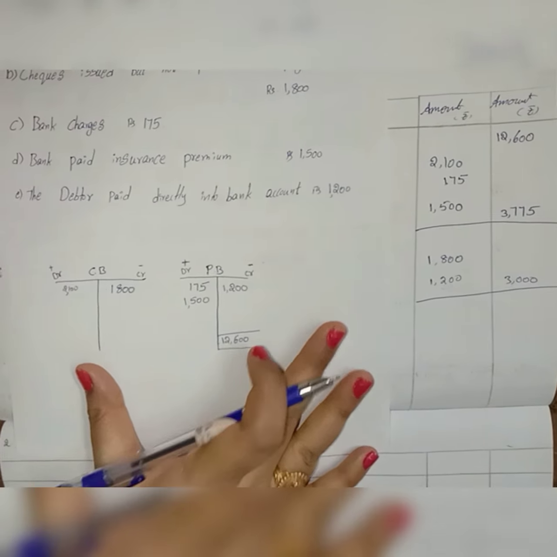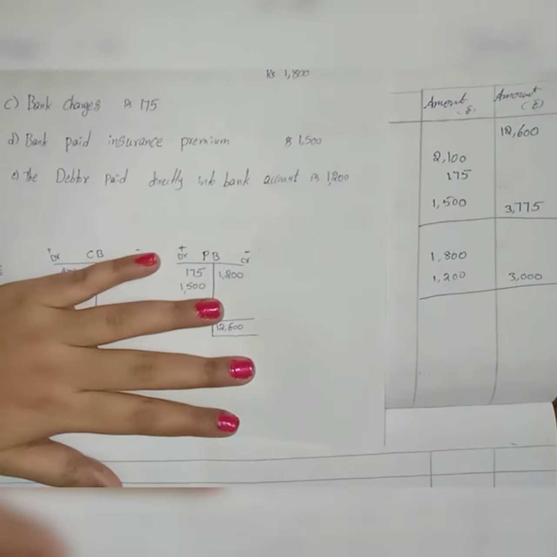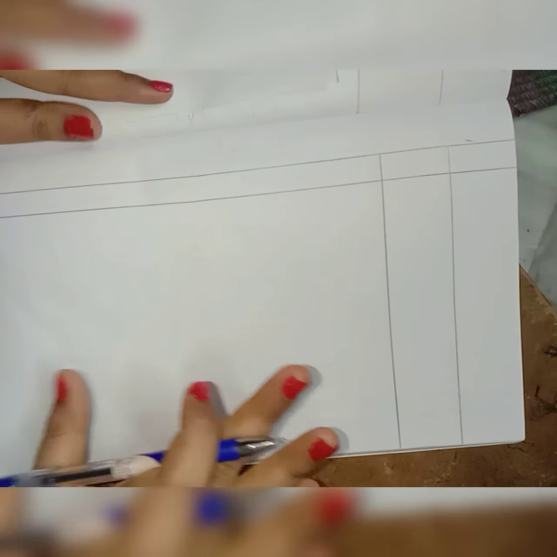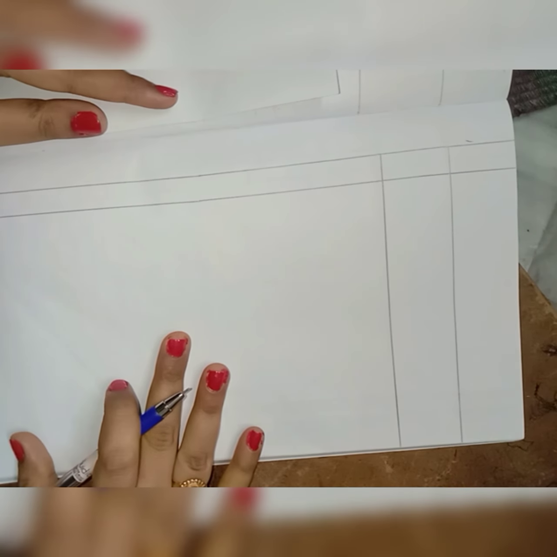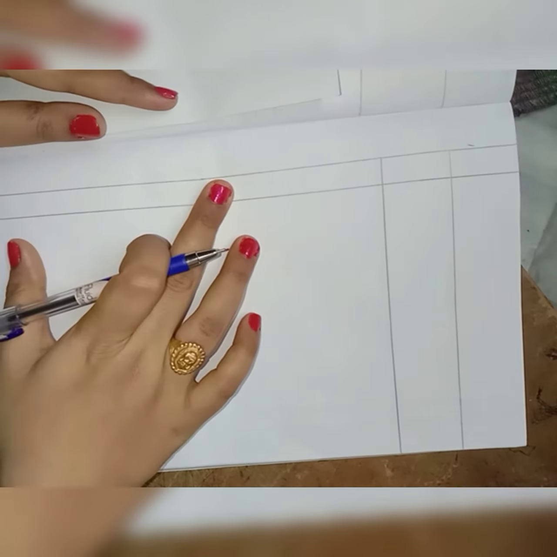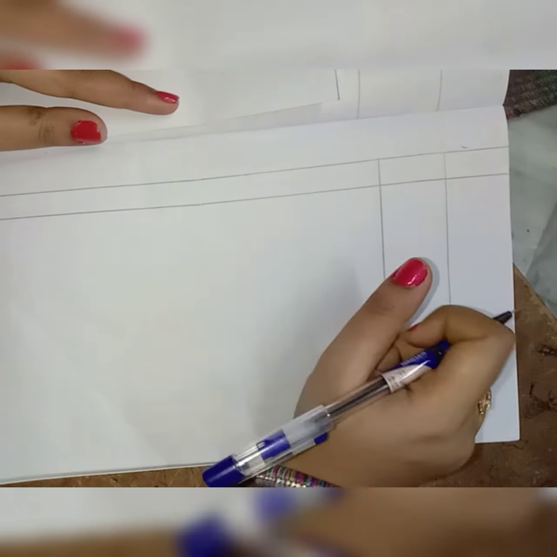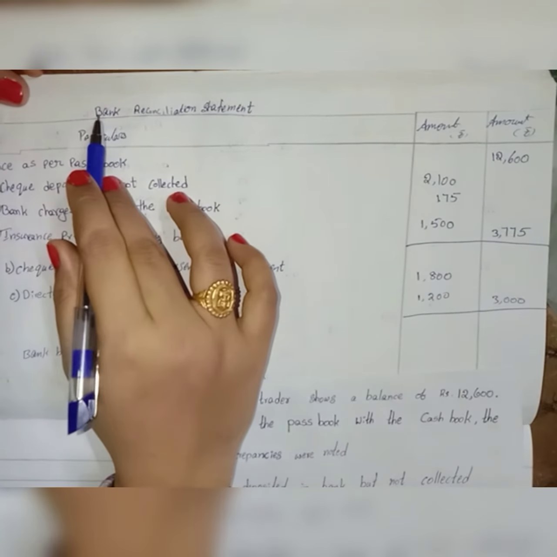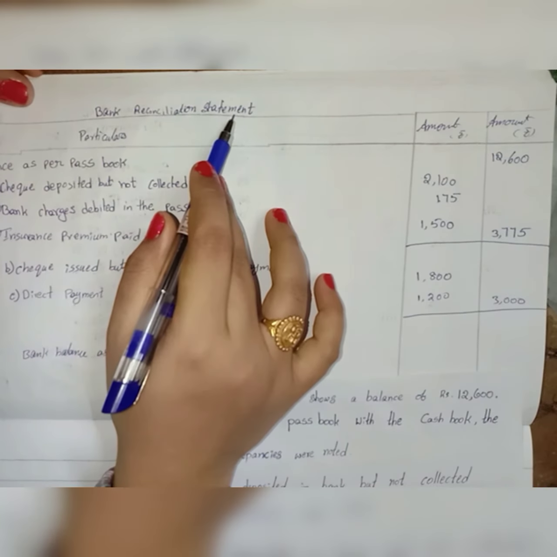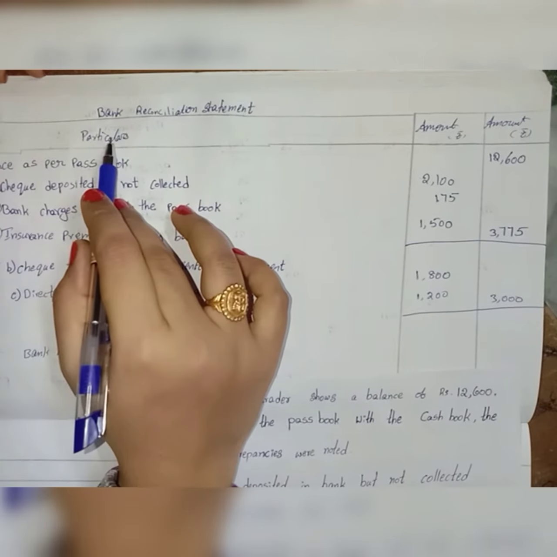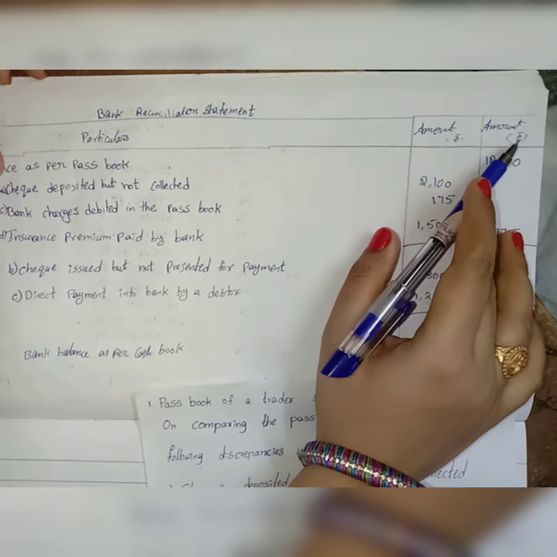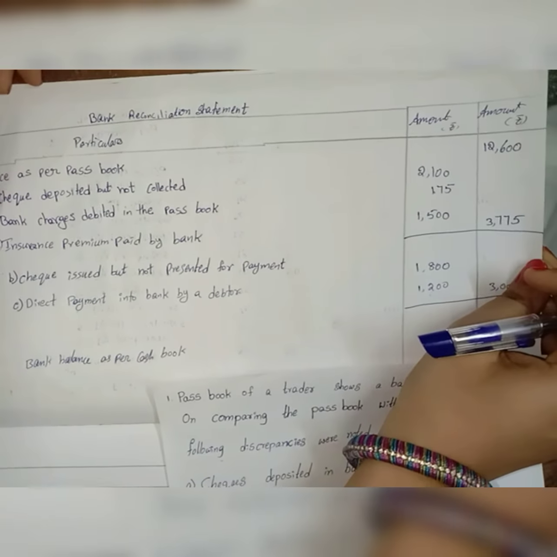So now this is a pro forma for the BRS. Particulars, amount, inner column and outer column. The main heading is Bank Reconciliation Statement.